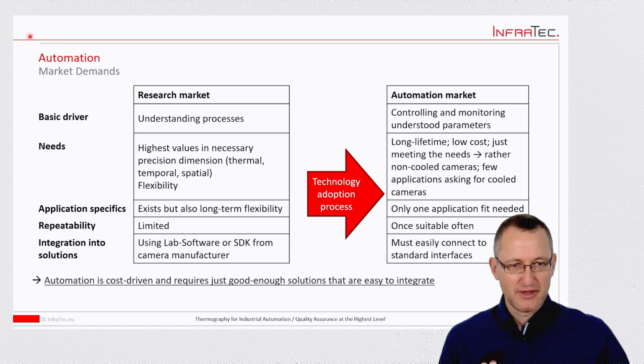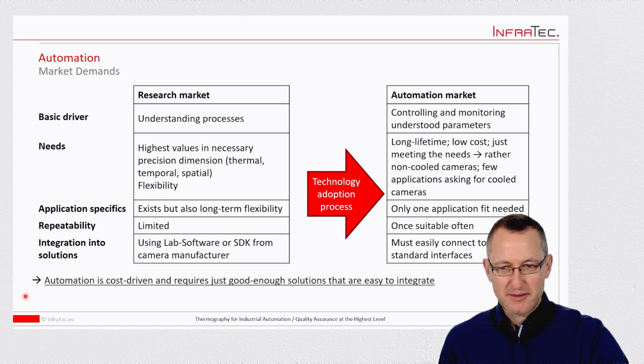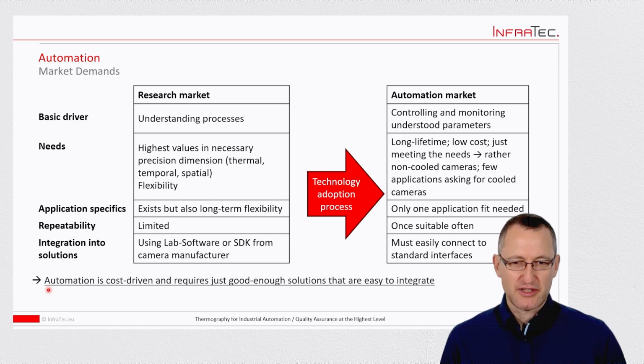So this is more a market where it's possible to sell several systems. And for integration, the requirement is to use standard interfaces to allow an easy integration. So to summarize the automation requirements, it's a cost-driven market that requires just good enough solutions that are easy to integrate.